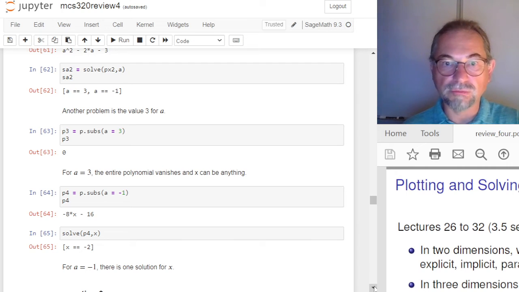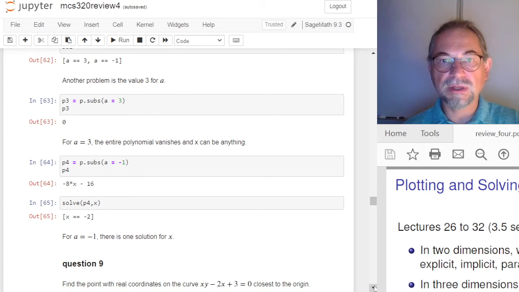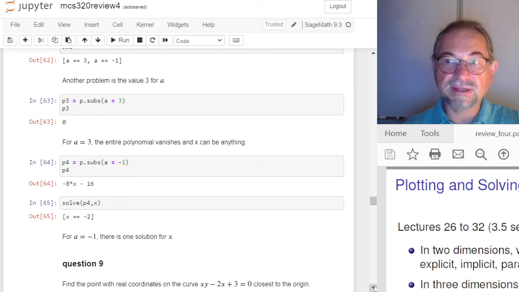Here we do the solving, and then actually we are rewriting this expression. So you see the a equals -1 is different, and also the a equals 3 is different. So then actually x can then be anything, because the polynomial collapses when a equals 3.